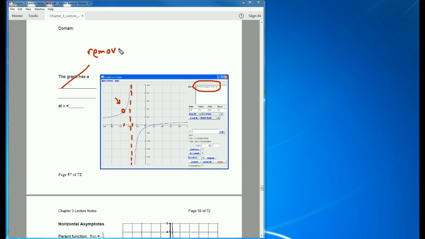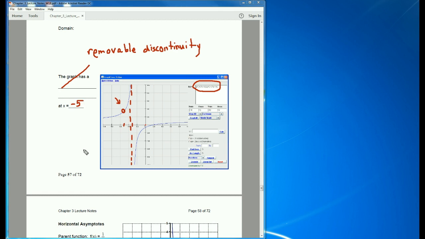No E, okay? It is a removable discontinuity. In other words, the graph is actually discontinuous at that point.